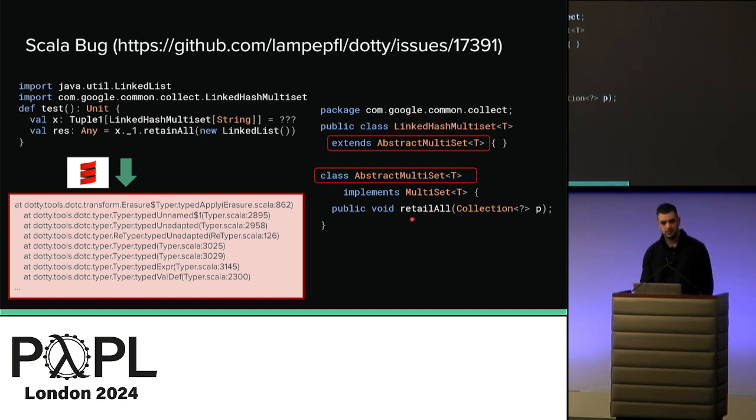But retainAll has a public access modifier, meaning that this method is accessible by any subclass of this superclass, including LinkedHashMultiset. So although retainAll belongs to the API of LinkedHashMultiset, Dotty mistakenly treats this method as inaccessible, causing this crash.